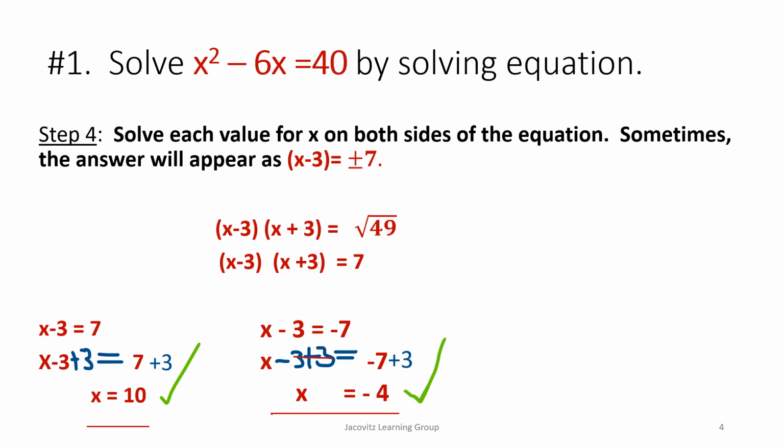So if we were to do x minus 3 is 7, we would get x minus 3 equals, we're doing a positive 7 here. You're going to add, I'm going to do this down, plus 3, x equals 10.